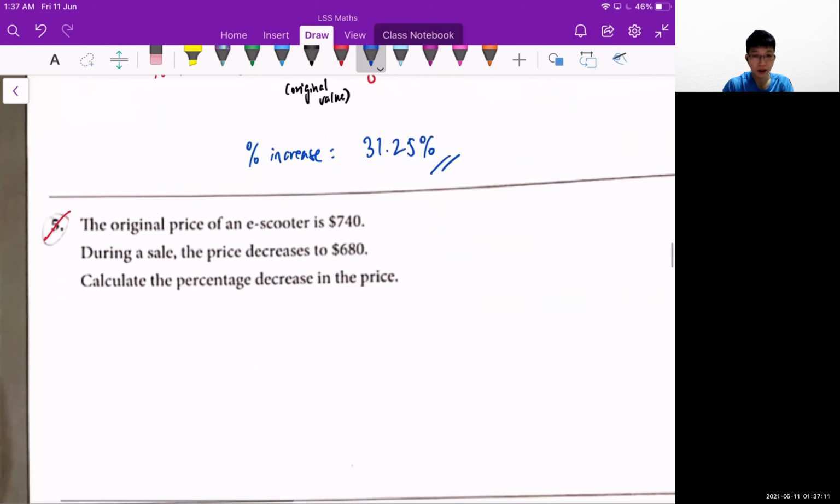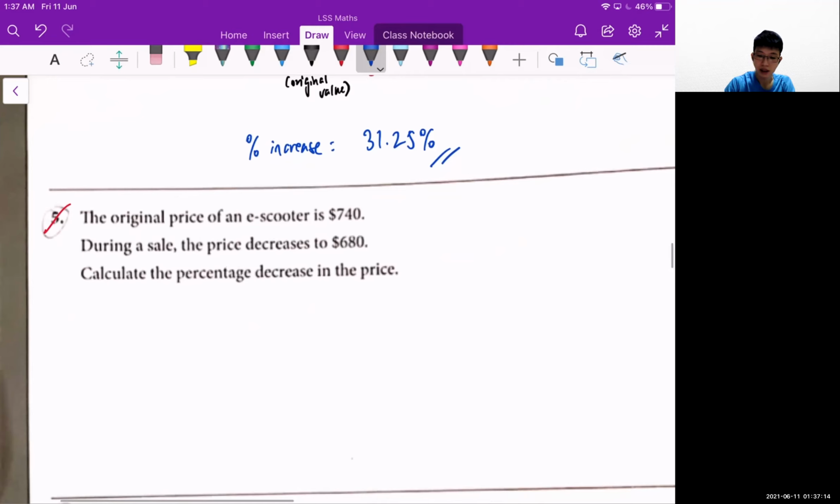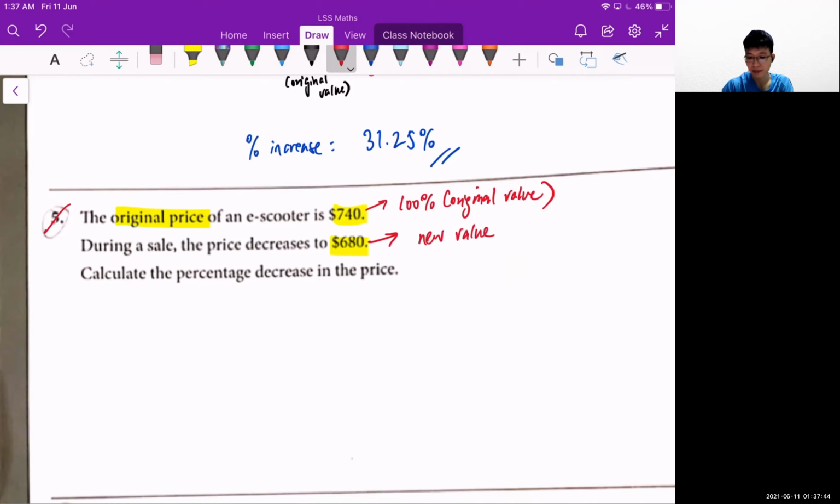So the same thing goes for question 5. This is the original price, which is the original value. It's 740. And during a sale, the price is decreased to 680. So this is the 100%, because it is the original value. And this is the new value, which is the new price.